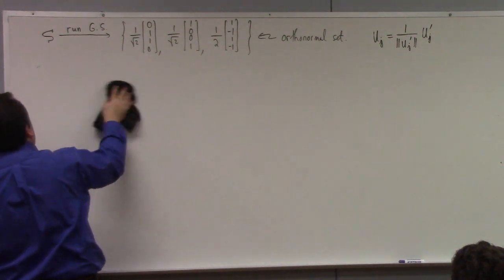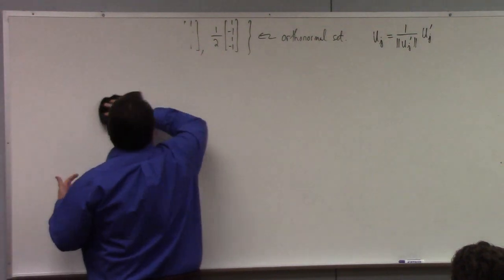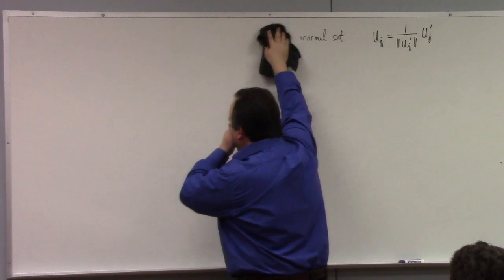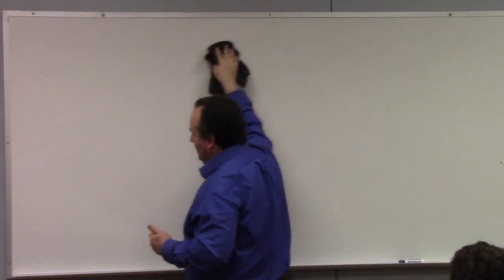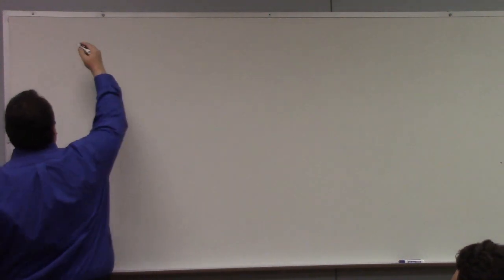How do you find both of the normal vectors? But the main application that I have in mind for this course, for this material, is what's called least squares. So here's the problem.